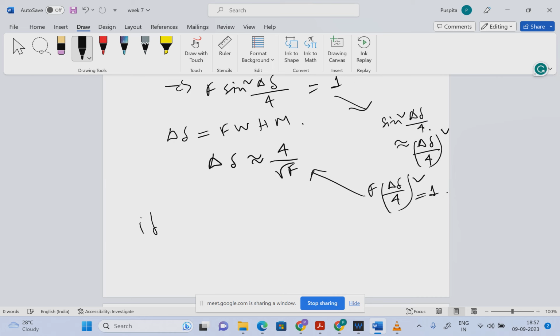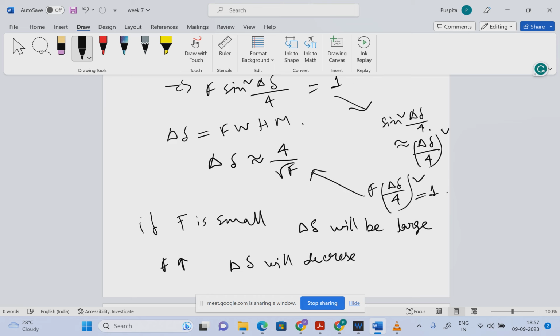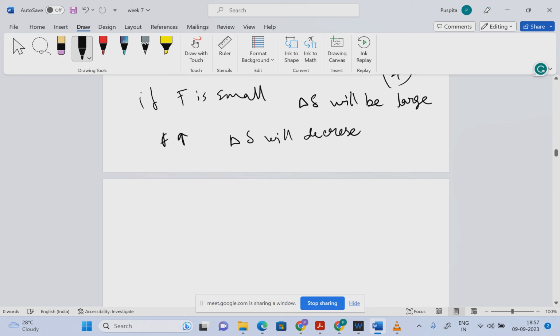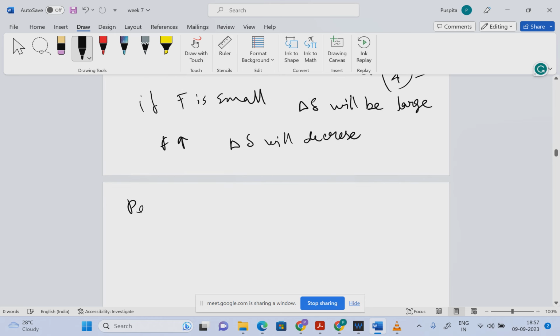So if F is small, delta will be large. If F is increasing, delta lambda will decrease, which means the peak will be sharper.